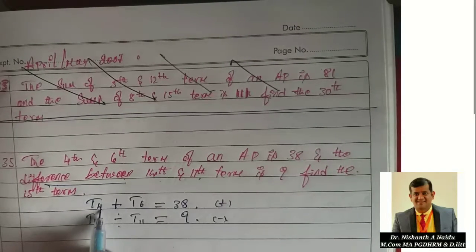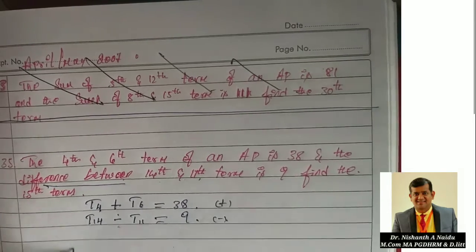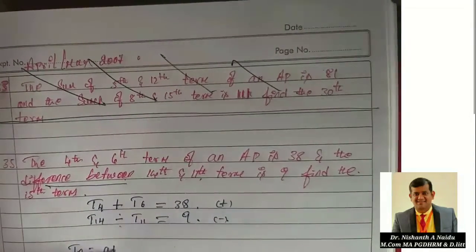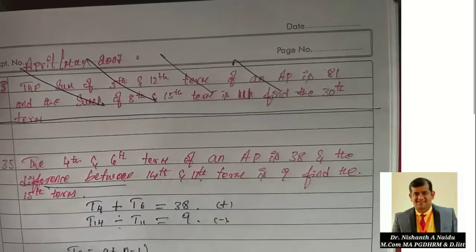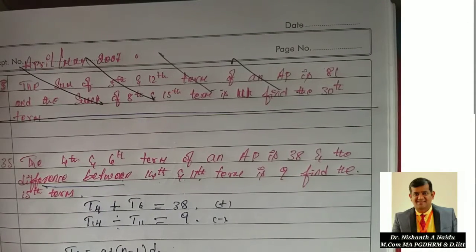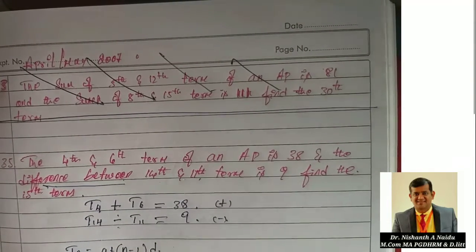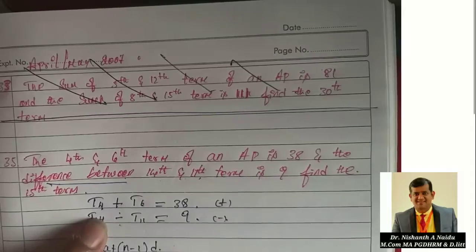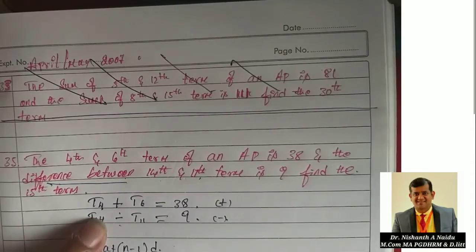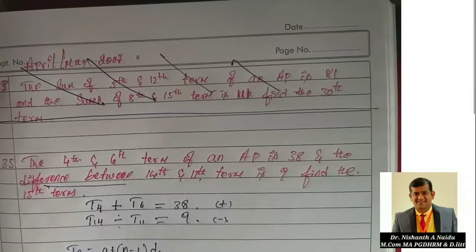n minus 1 into d formula. So for T4, what answer will you get? Tn equals a plus n minus 1 into d. If you apply it, a plus 4 minus 1 into d, so that becomes a plus 3d.